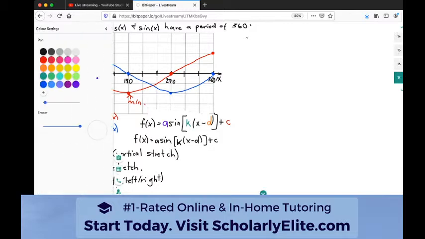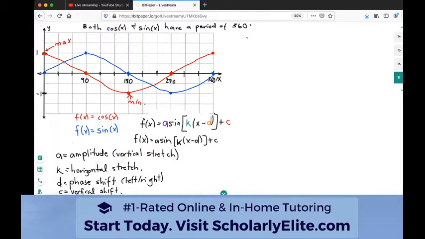Let's do orange. So let's say f of x equals sine of x plus, I'm going to make it minus 0.5.